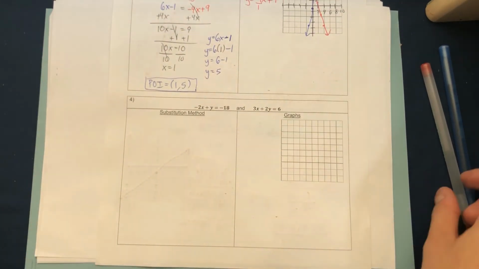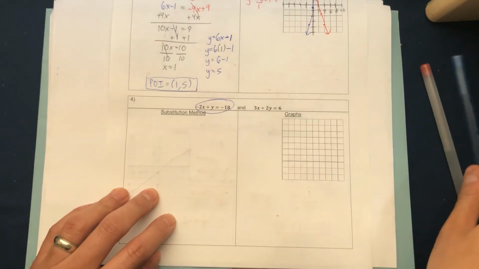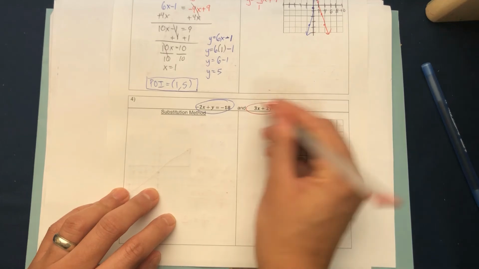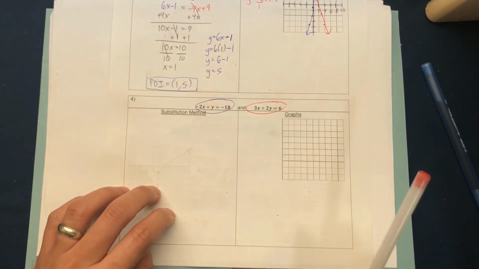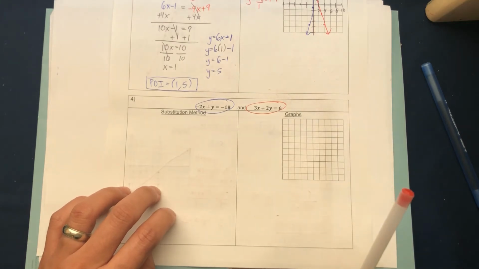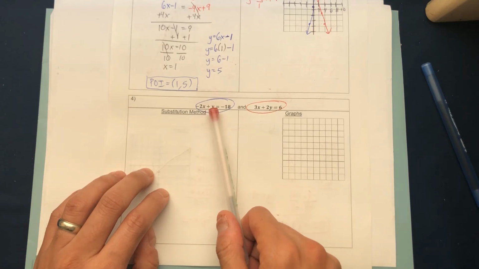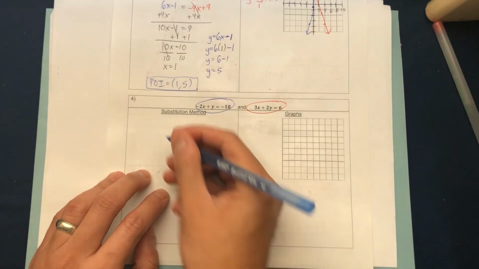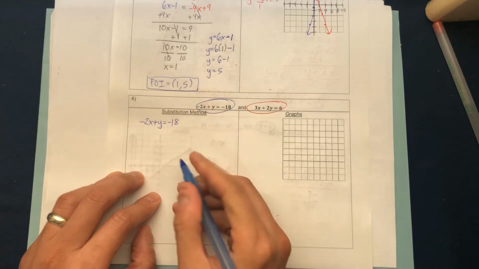Last but not least, we have one equation in standard form and the other equation in standard form. So as you recall, step 1 is to make sure that we isolate for a variable, and we're going to take this first equation and isolate for y. So negative 2x plus y equals negative 18.